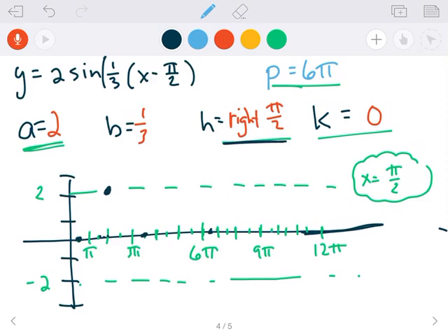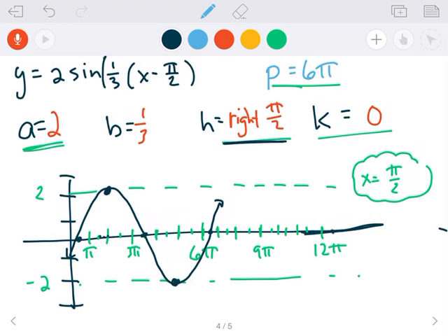And then 3 and 6, halfway between that would normally be 4.5, but we're going to shift it half pi, so it's going to be at 5. So the low point's going to be here. So our graph looks like this.